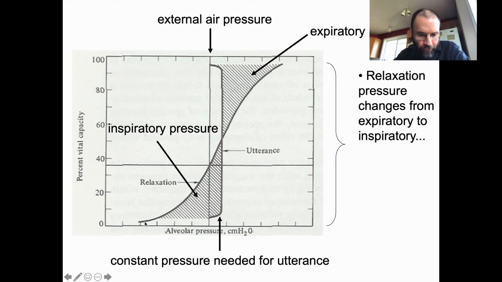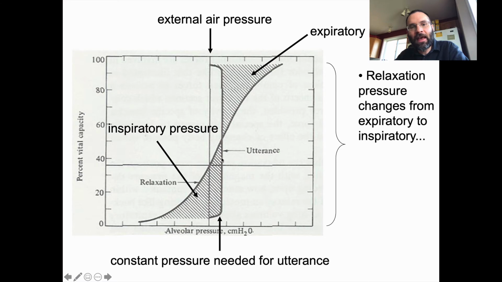It's hard, when you really compress your lungs, to keep compressing them. You have to put more and more effort into that to counteract the relaxation pressure that wants your lungs to go back to that equilibrium. So this becomes bigger and bigger as we go towards the tail end of the curve. Okay, so relaxation pressure is going to change from expiratory here to inspiratory.